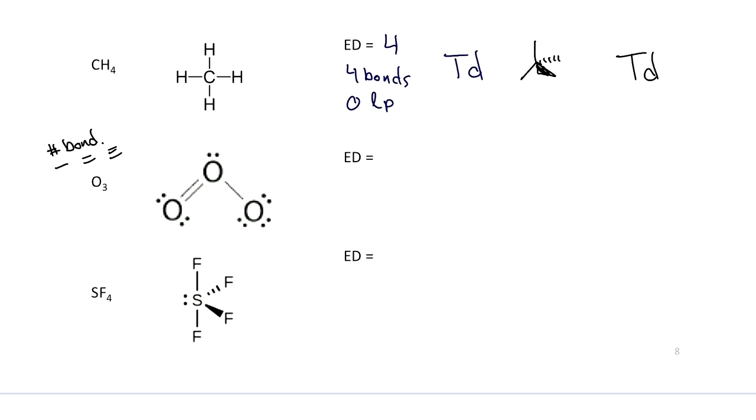And the reason is, in a double bond, how many electrons are involved in a double bond? 4, yes. But those 4 electrons, they're all together. They're all in one small space, so they're going to move together. So in this molecule, there's 2 bonding domains and there's 1 lone pair domain.